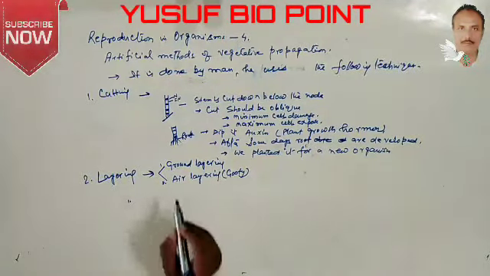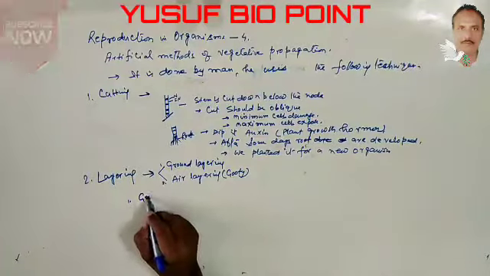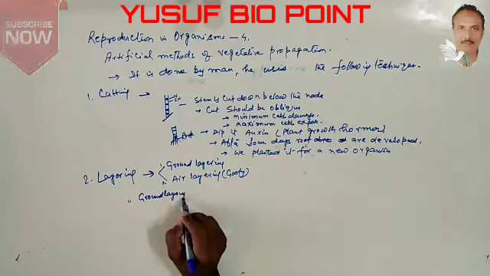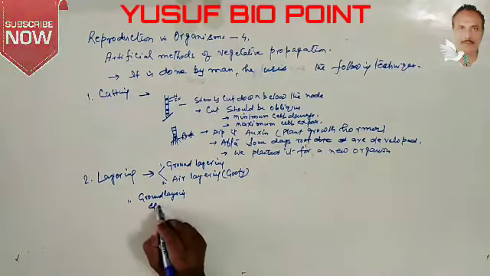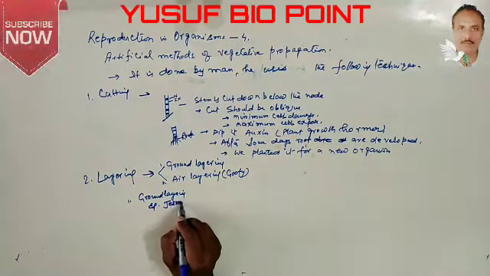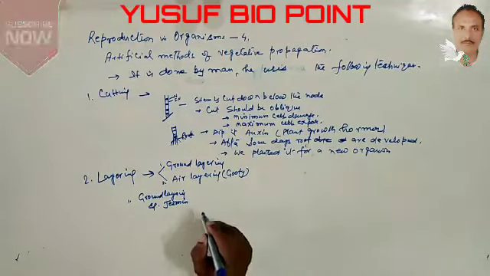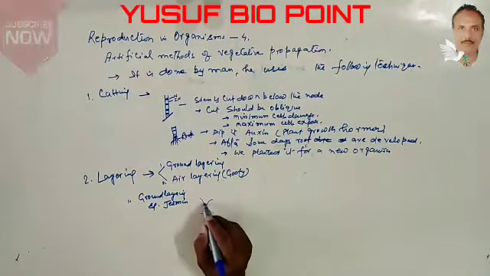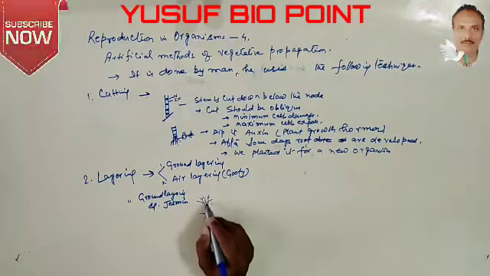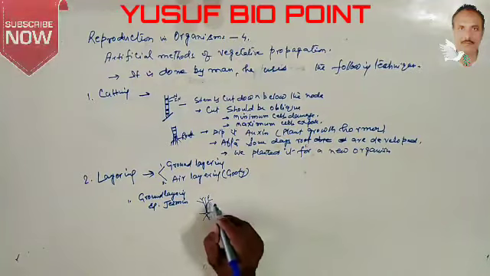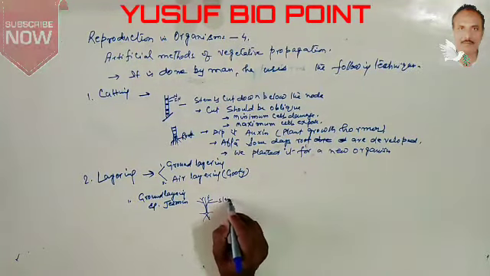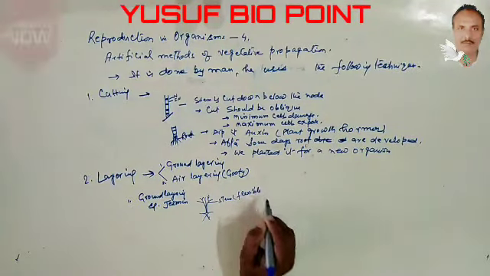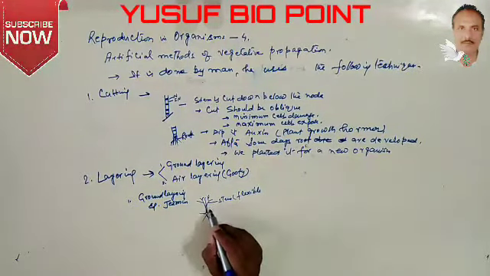In the first type, the ground layering, for example jasmine. We know that this is the plant of jasmine. This is the stem. It is flexible.